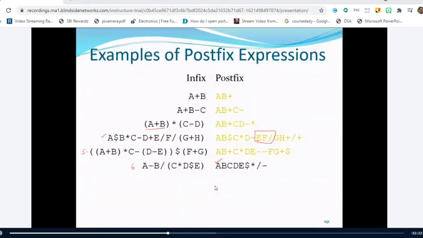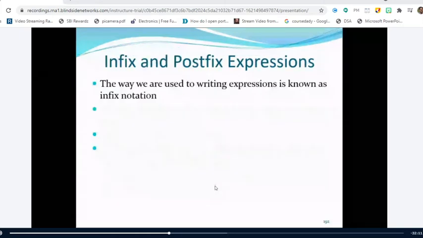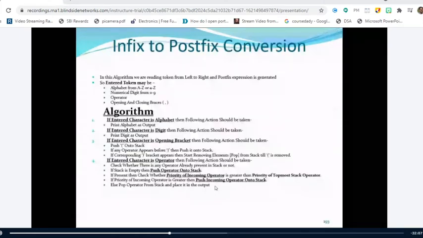Okay. So we are going to deal with one more application of stacks, where we are going to convert the infix expression to the postfix expression. This is the algorithm we are going to use for converting the infix to postfix. Listen carefully. It's a very simple algorithm, but I will try to explain it in an easier manner, and you try to remember it.